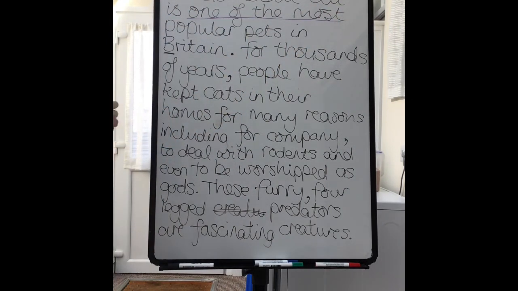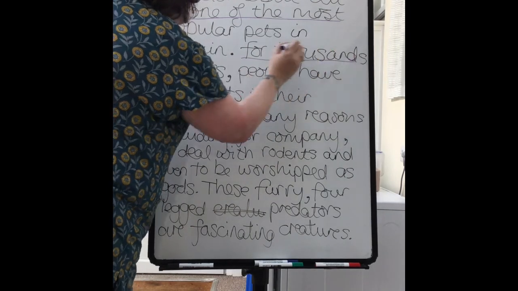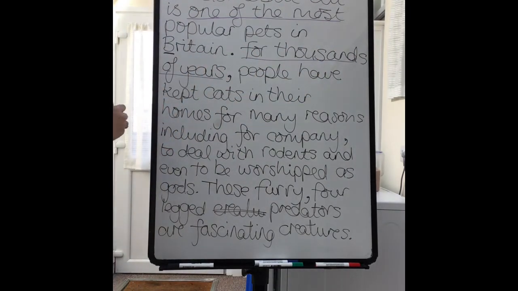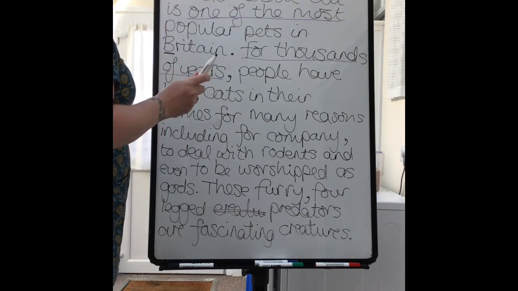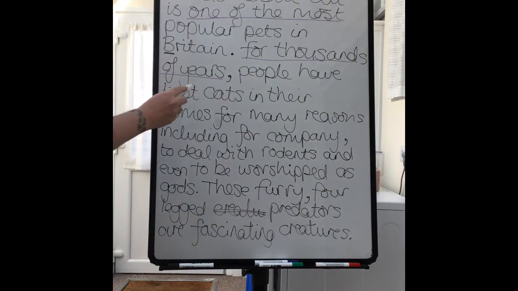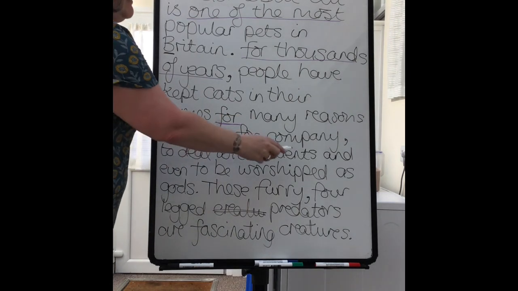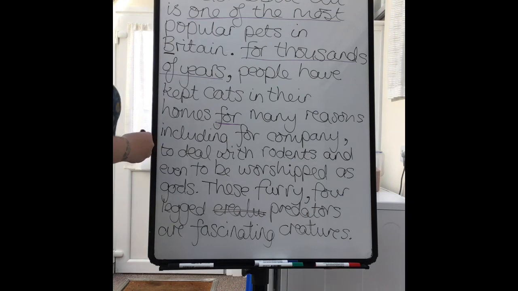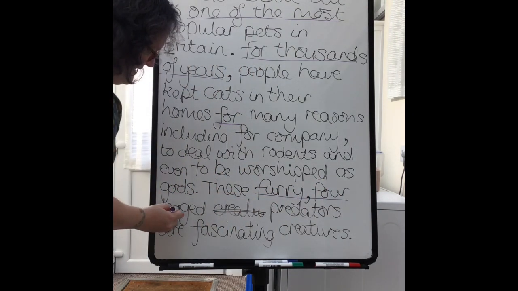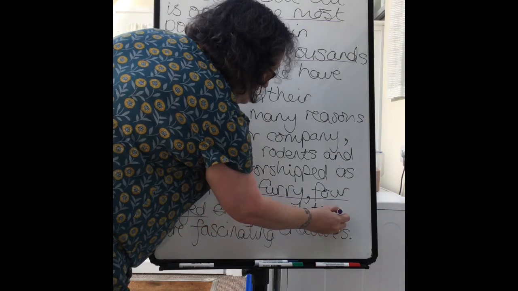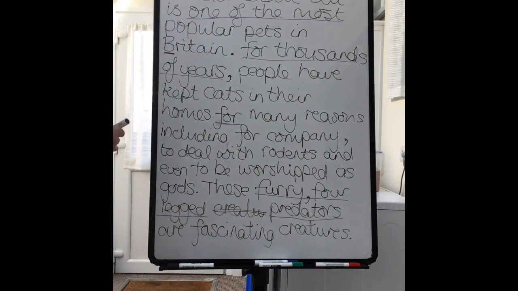I have a fronted adverbial. I have a conjunction, I have lots of extra information, I have alliteration and an expanded noun phrase, and hopefully I've captured the interest of my reader.